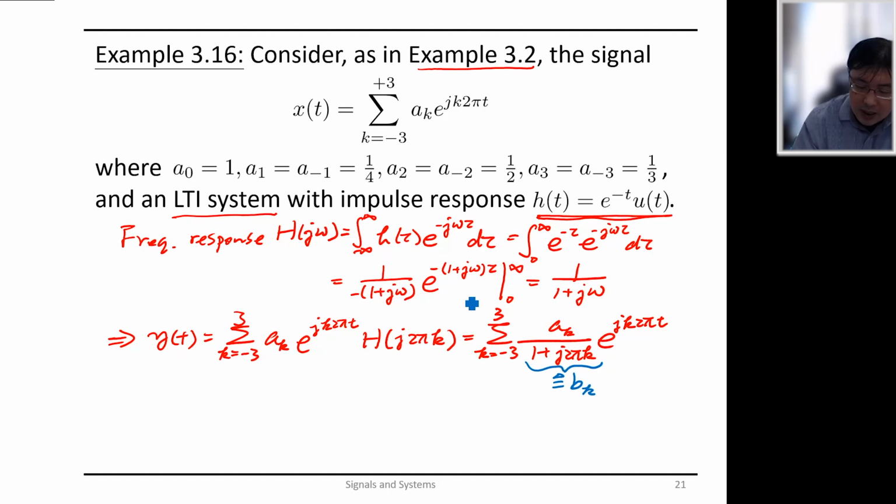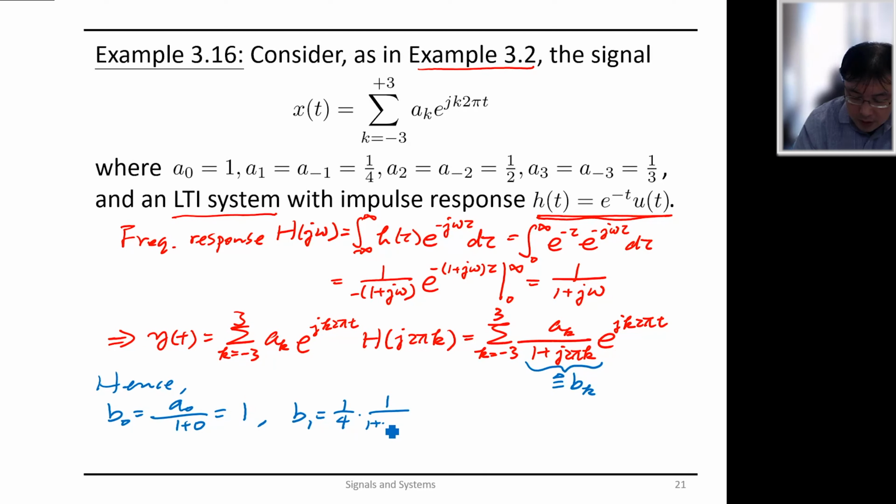If you plug in a_k given above, you will find that b0, which is a0 over 1 plus 0, is 1. b1 is equal to 1 over 4 times 1 over 1 plus j 2 pi. b minus 1 is 1 over 4 times 1 over 1 minus j 2 pi. And so on and so forth.